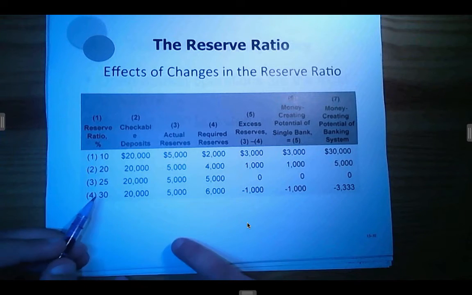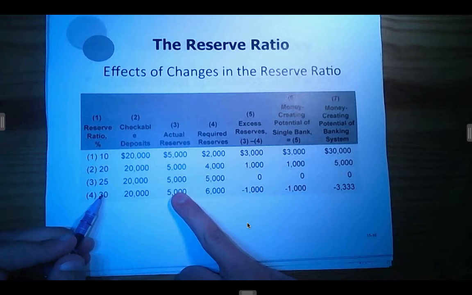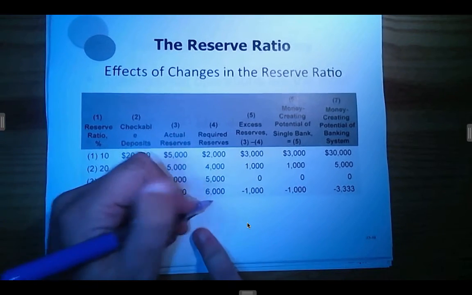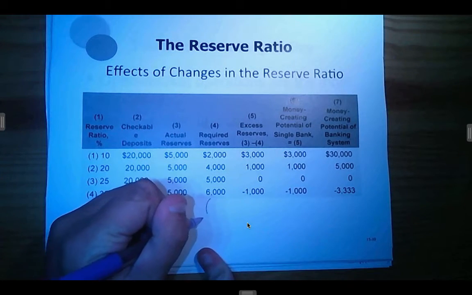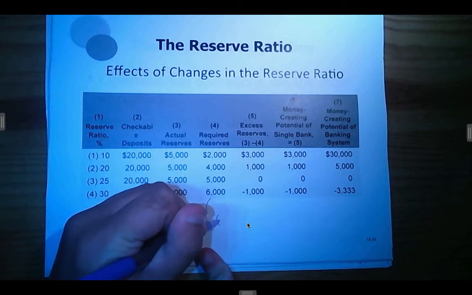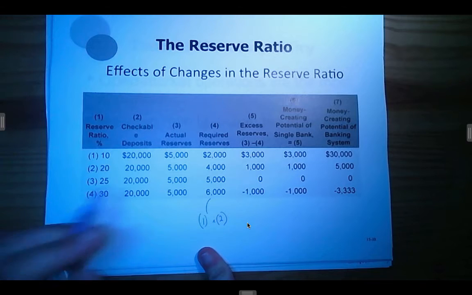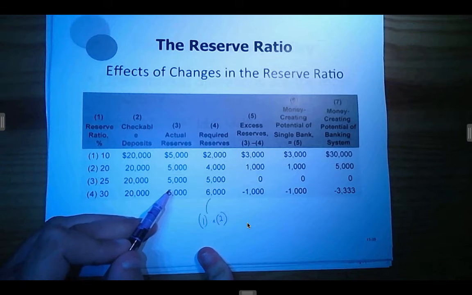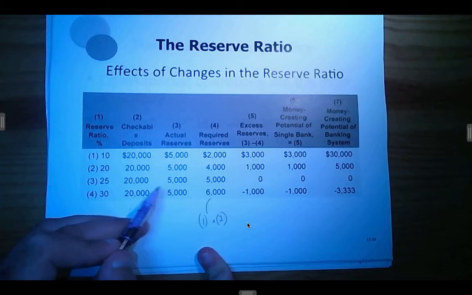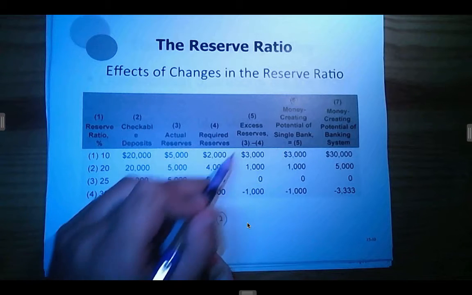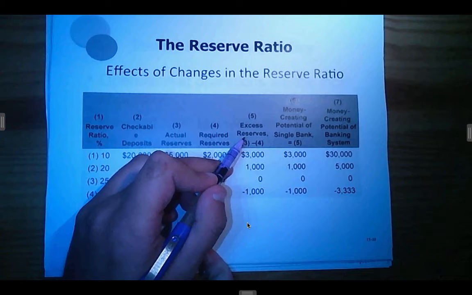Essentially what we're doing here, to get required reserves, basically equal column 1 times column 2. The actual reserves, they would have to tell you what those are. Then if we take 3 minus 4, we get the excess reserves. That's what banks can lend out, the extra reserves.